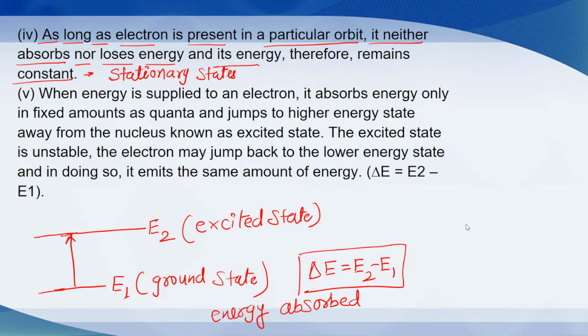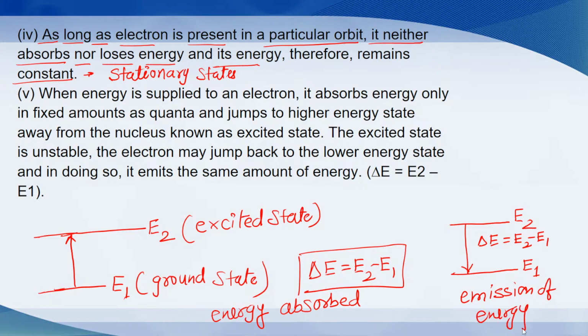And the electron in the excited state is unstable, so it may jump back to a lower energy state, and in doing so it emits the same amount of energy. In this case there is emission of energy. Here energy is absorbed, in this case energy is emitted.